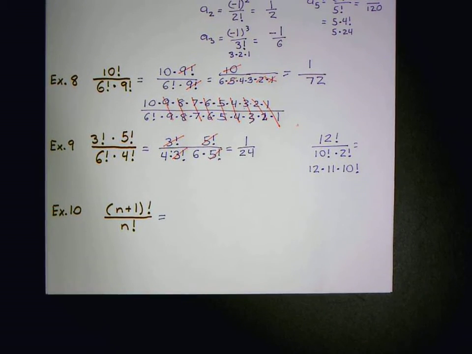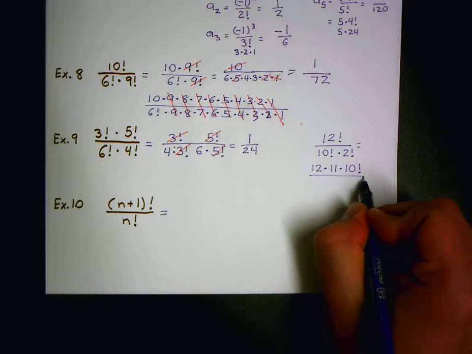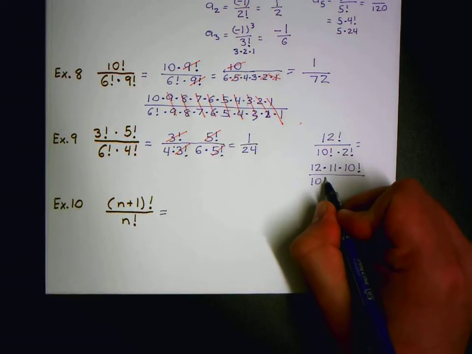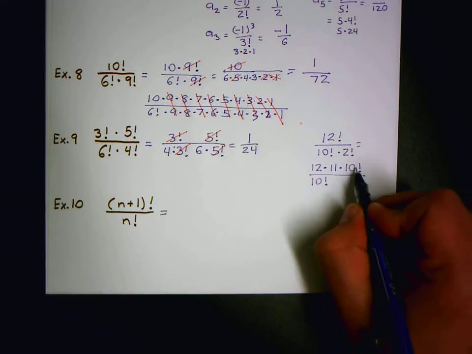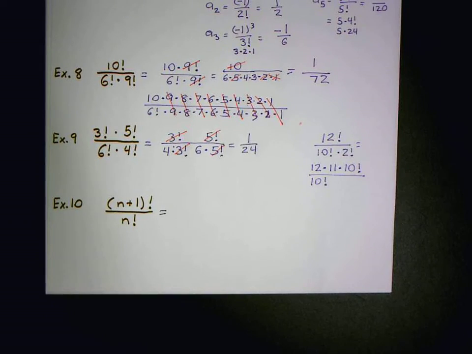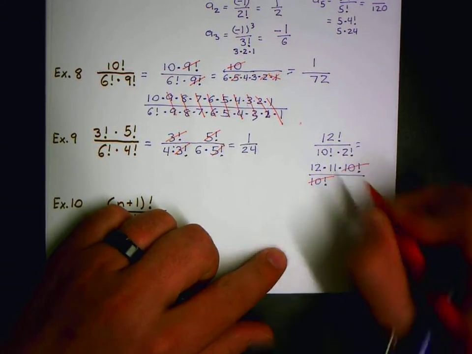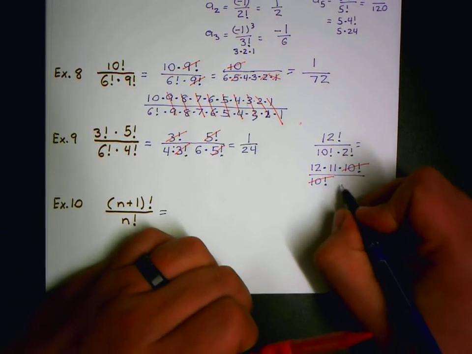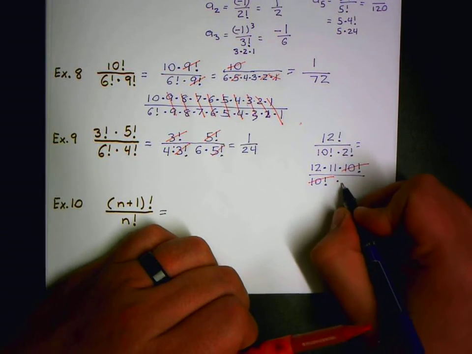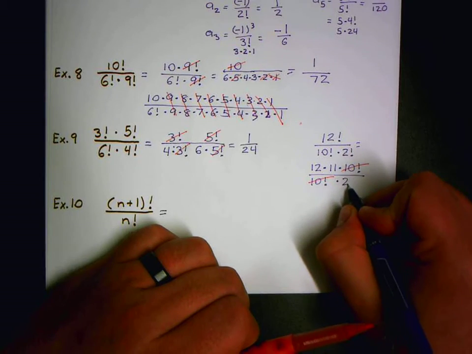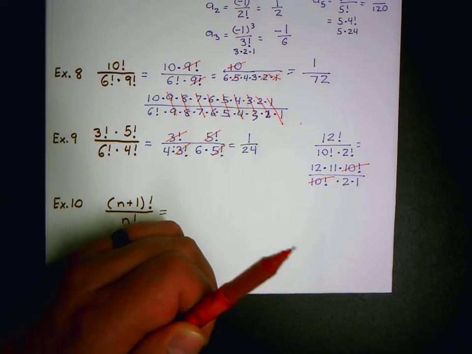So 12 I can break down like that. Why did I stop at the 10? I stopped at the 10 because I want that 10 to cancel out with this 10 on the bottom. Now on the bottom I have that 2 factorial, which is 2 times 1.